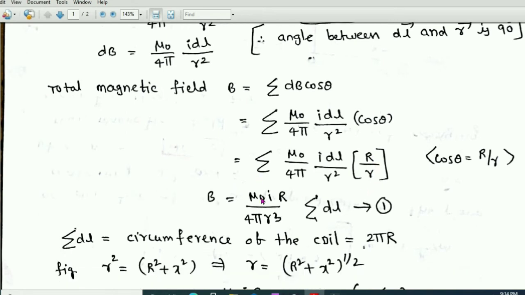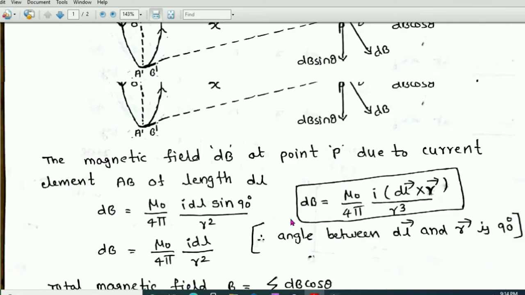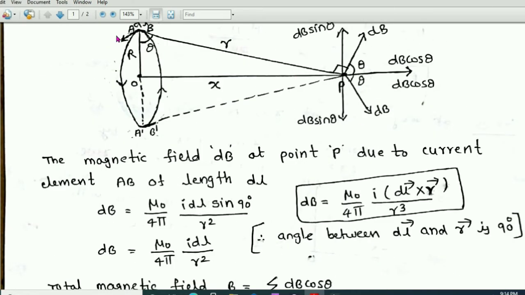Now, in this expression, mu naught I capital R over 4 pi, r square into r, that is r cube, is completely constant. This term is constant: mu naught is the permeability of free space, I is the current flowing in the circular coil, capital R is the radius, and small r is the distance of the point from the length element.